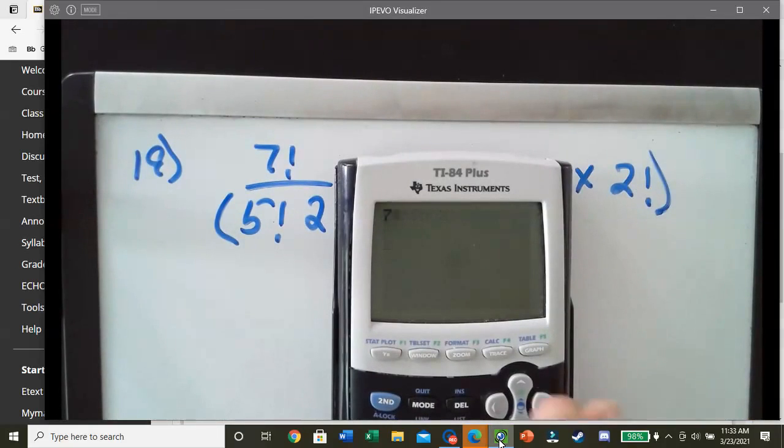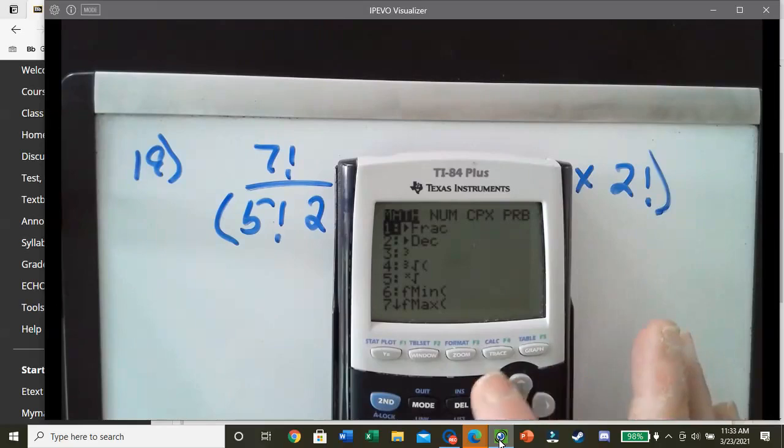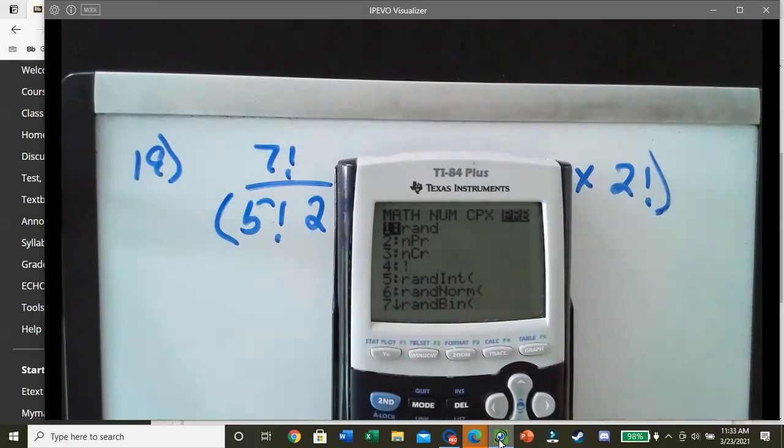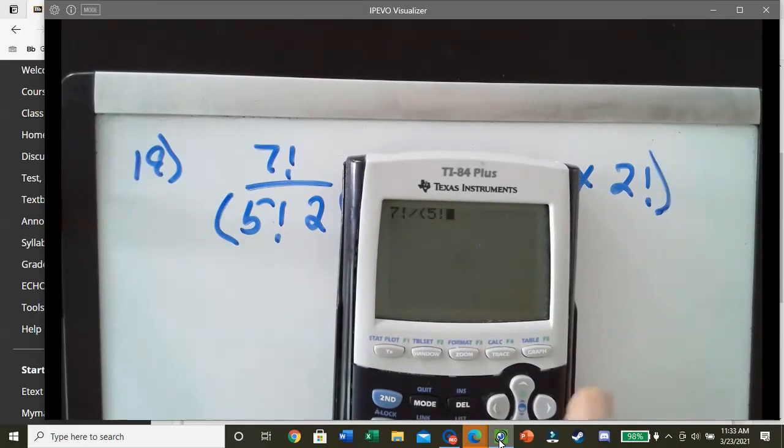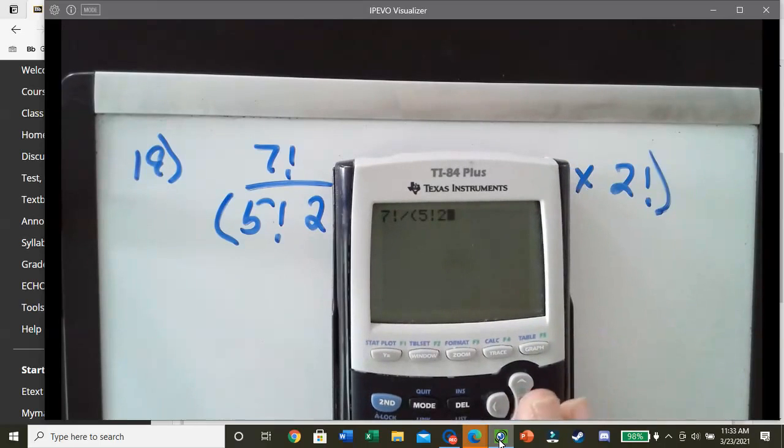We take 7 and then math, PRB 4, divided by parentheses, 5 factorial, 2 factorial. And it's just 2, it's just 2 times 1. So whether you put 2 or 2 factorial, it's not going to make a difference. Okay, you get 21, right?